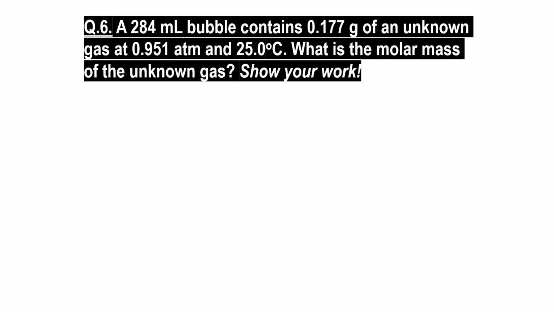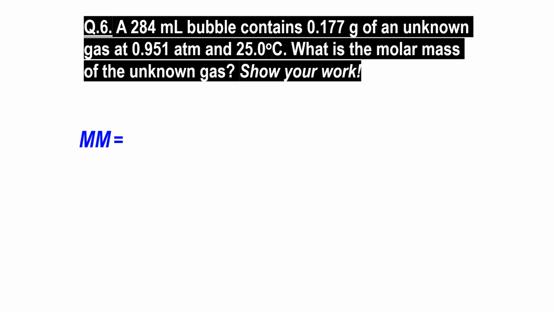Okay, so what do we have? We want to calculate the molar mass, right? We're looking for the molar mass of the unknown gas. We can only relate the molar mass of any compound in this particular law by using the mole number.